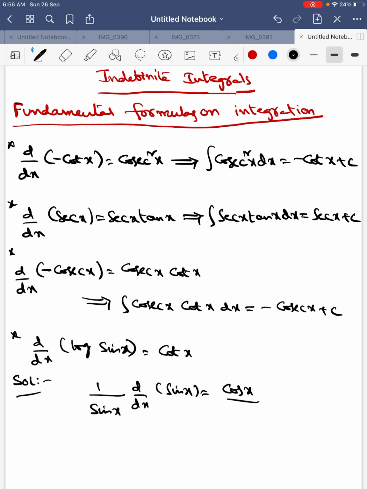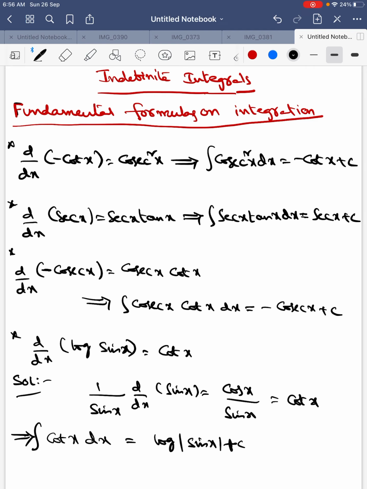Cos x by sin x is equal to cot x. Therefore, the integral of cot x dx is log mod sin x plus c.